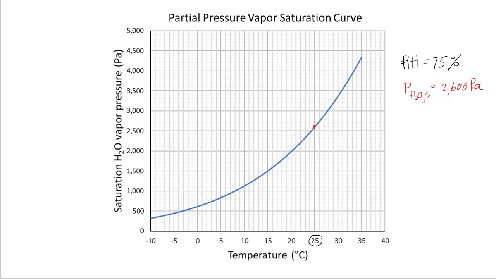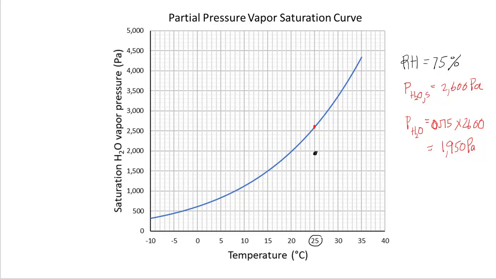And if we want to know the partial pressure of our air mass at 75% relative humidity, we take 75% times 2,600, and that turns out to be about 1,950 pascals. So on this diagram, the air mass would plot right about here.